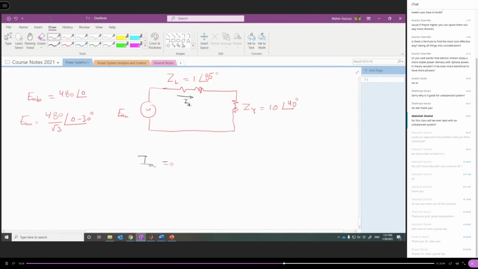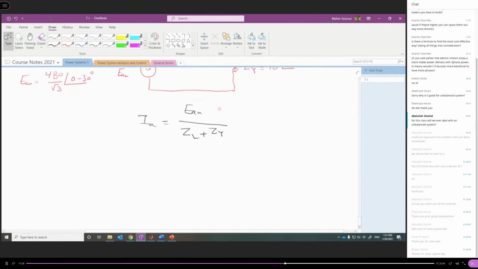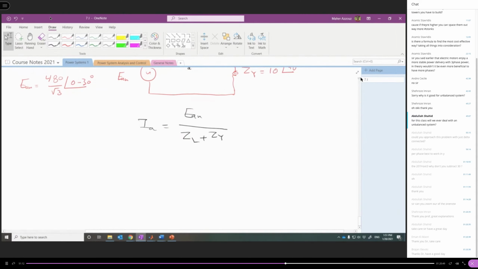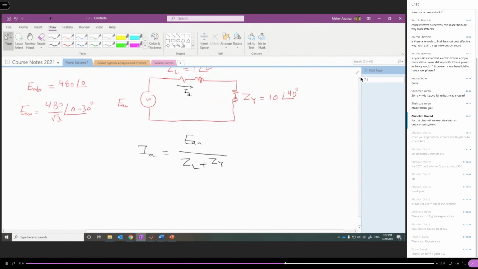So IA is equal to the voltage divided by the total impedance, so we have ZL plus ZY. This is the first step. Now, this current will supply the equivalent star-connected load. But in reality, the load is connected as delta, like this.